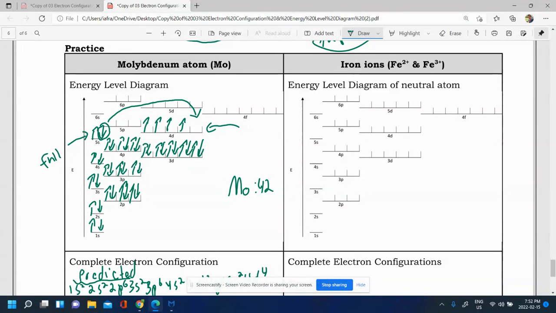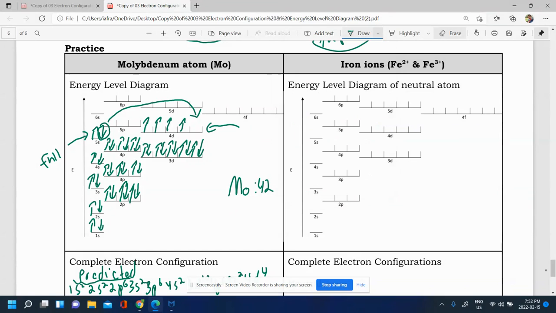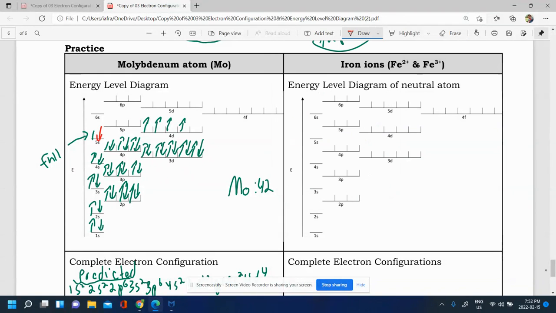So what we're going to do is redraw this in the more stable arrangement. So I'm going to erase this, and I'm going to redraw it in its most stable arrangement just to show you that here. So this was, whoops, I just put it back where it was.